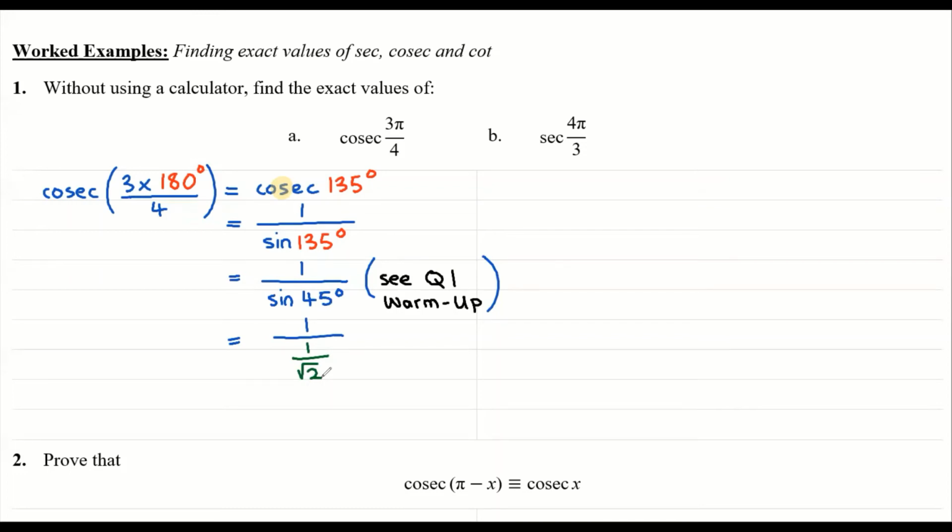So it's just going to be root 2, isn't it? Okay. So question 1 in the warm-up is exactly the same question as 1A here. It's just that at that point, we didn't know what cosec was, but we do know that cosec is now 1 over sine.